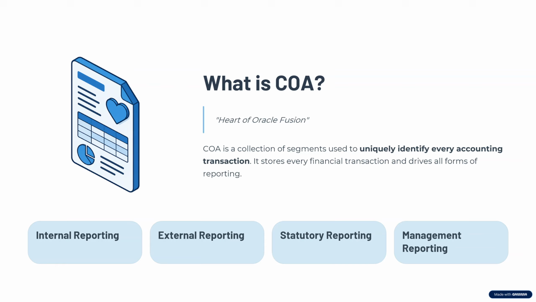And what is management reporting? In a company there is top level management, middle level management and lower level management. Among top level management are the directors, company CEOs, and founder of the company. For reporting to top level management, we use this COA, chart of accounts.